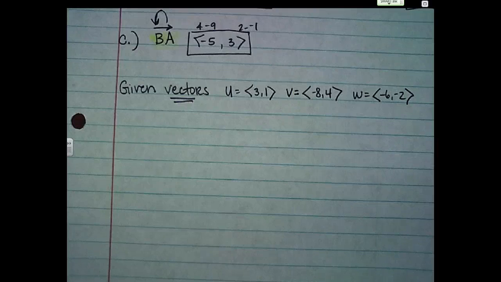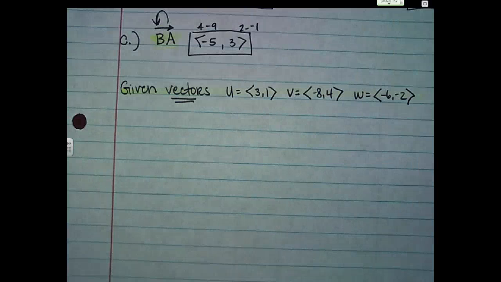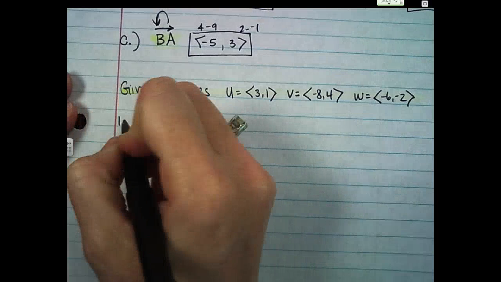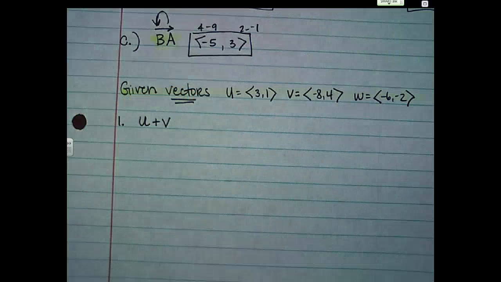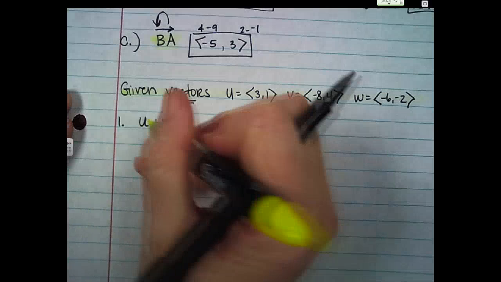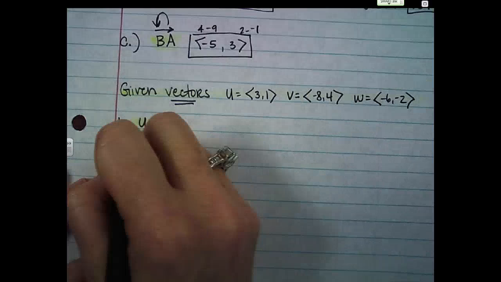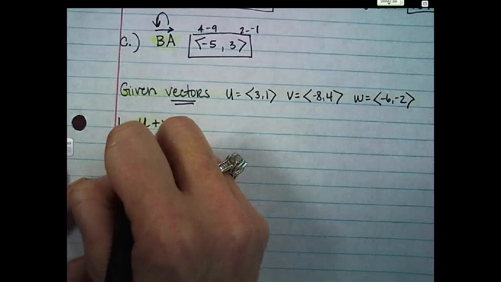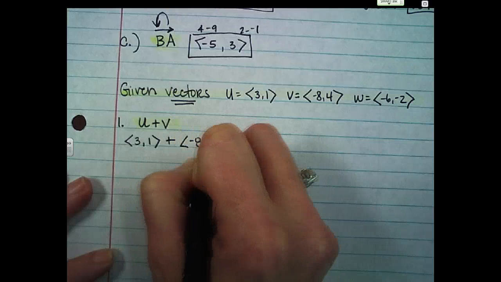Okay, and we're going to perform a few different operations with it. The first thing I'm going to ask you is to add the two vectors together. So if you want U plus V, these are very simple. I want to take 3, 1 and add to it negative 8, 4.